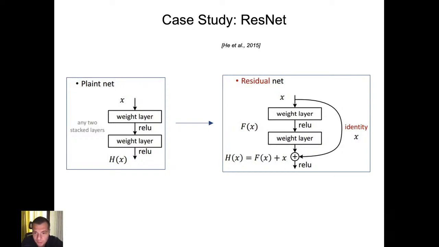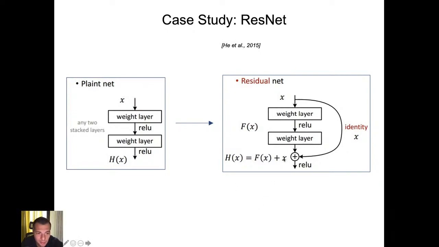Usually in a standard neural network, we have an input, you pass it through some convolutional layer, and you obtain this output. In the residual network, they denote these layers with a function f, and they add the identity to this function f.